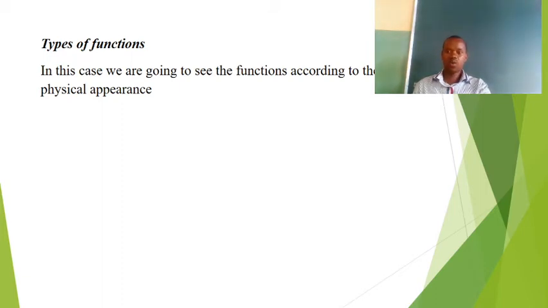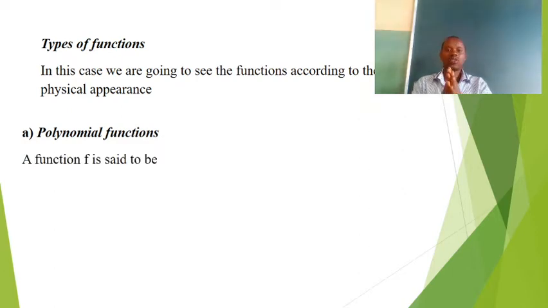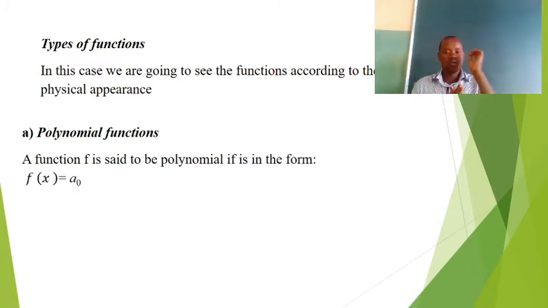Now let us go to the first type of function. The first type of function is polynomial functions. Polynomial functions are functions which are written in a linear form but only having the variable.